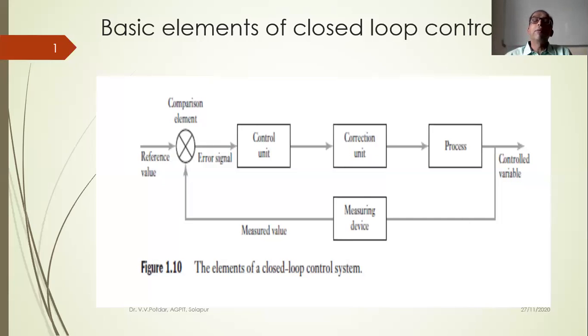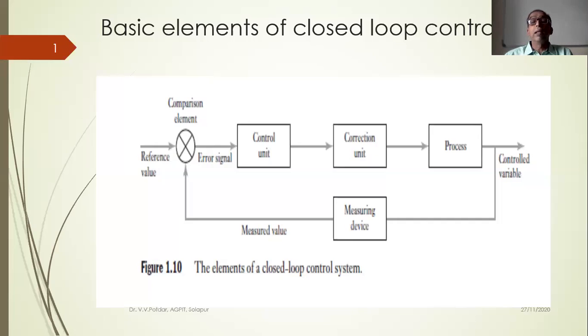Then in the correction unit, you might have actuating elements. Like if it is a heating system, it will be an electrical heater or a steam heater or a furnace.